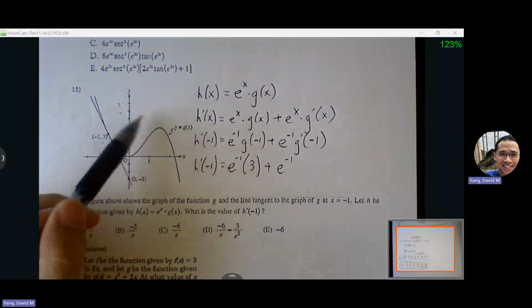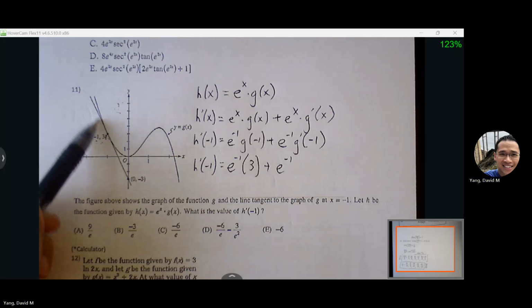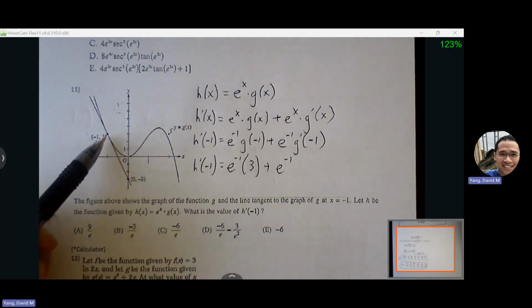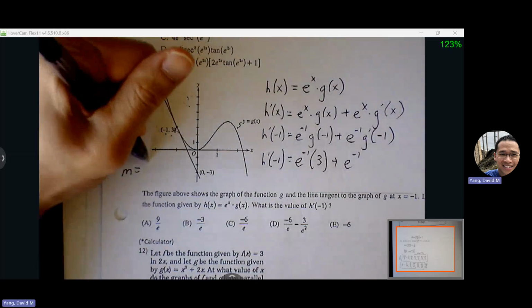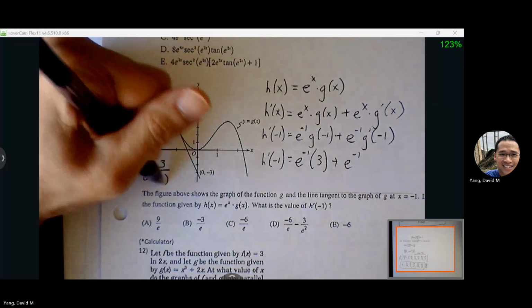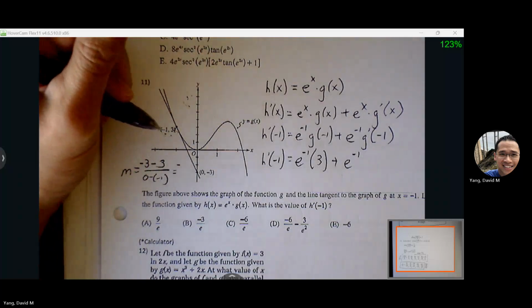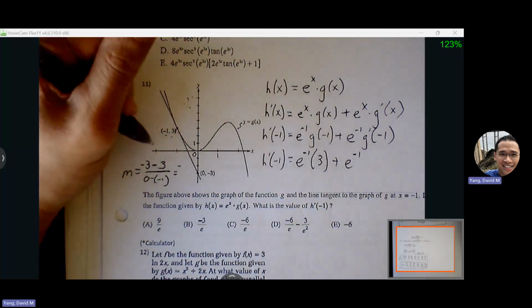But g prime of -1, that's asking for the slope of the g graph at -1. How can I find the slope of the g graph at -1? Yeah, find the slope of this line, right? If I can find the slope of this line, then it's got to be the same as the slope of the curve. So we do rise over run, change in y over the change in x. 3 minus 3 over 0 minus -1.